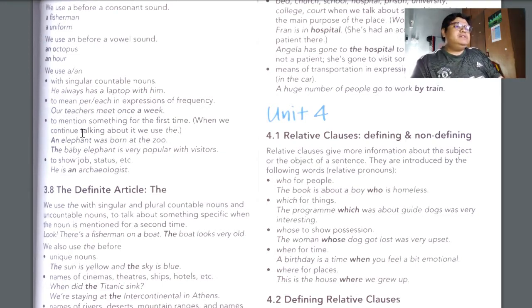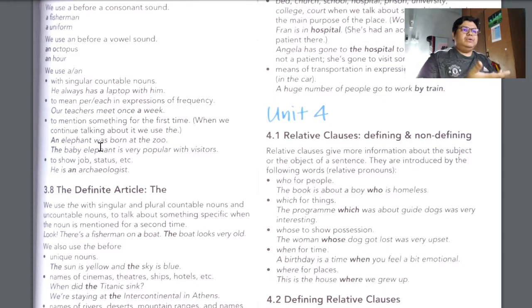To mention something for the first time. When we continue talking about it, we use the. An elephant. Yang ni tricky sikit. When we are talking about something, the first time we mention it, especially if it's an animal or a person that we don't know, a general person, kali pertama kita sebut, kita akan pakai artikel a or an, depending on the noun itself lah.